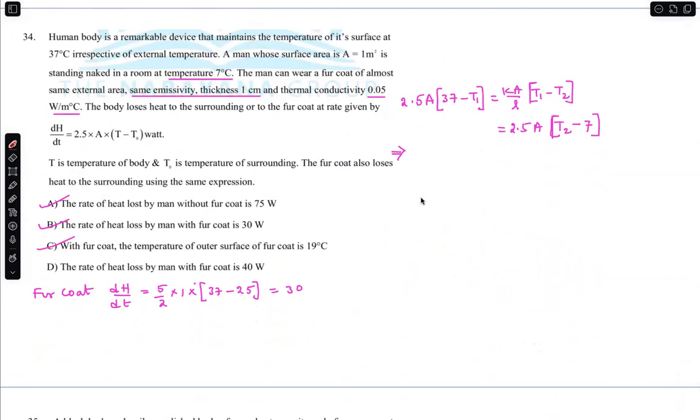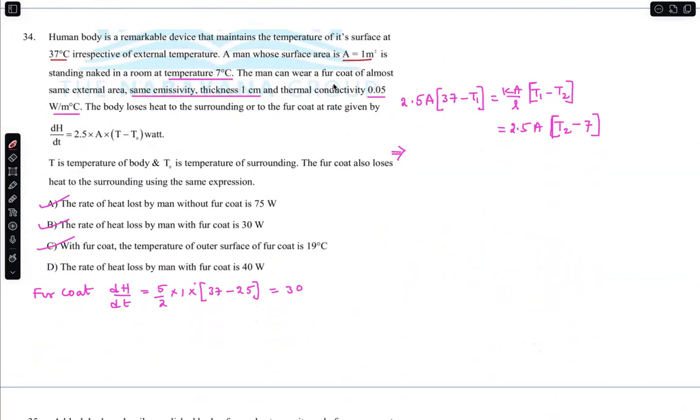34. I told you there is one question in previous IIT questions. I marked that also. Same concept. A human body is a remarkable device that maintains the temperature of its surface at 37 degrees centigrade, irrespective of the external temperature. A man whose surface area is 1 meter square is standing naked in a room at temperature 7 degrees centigrade.